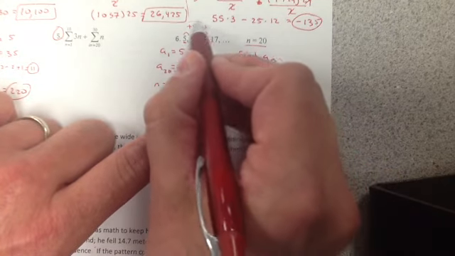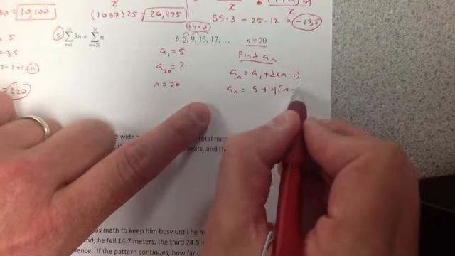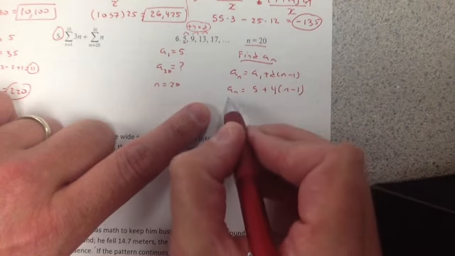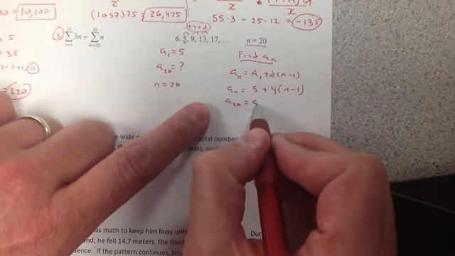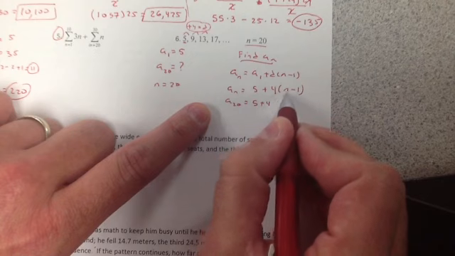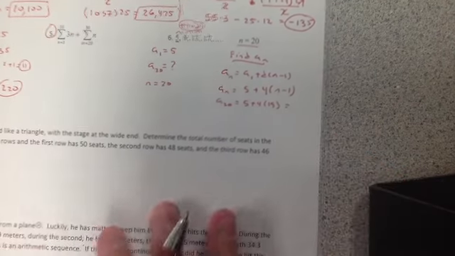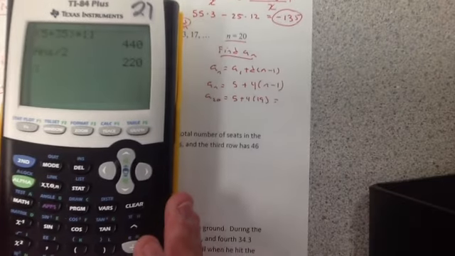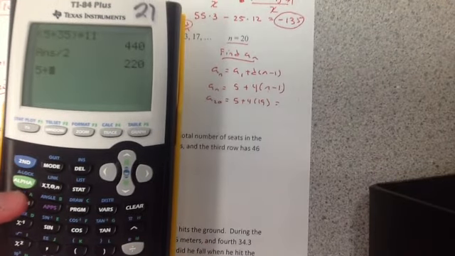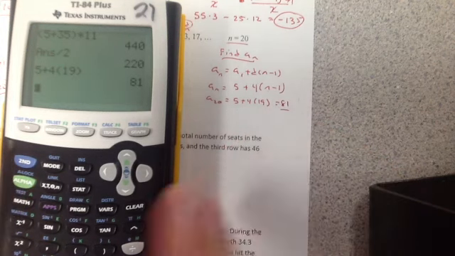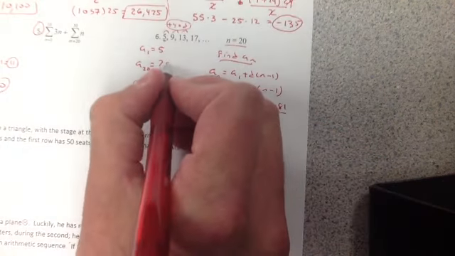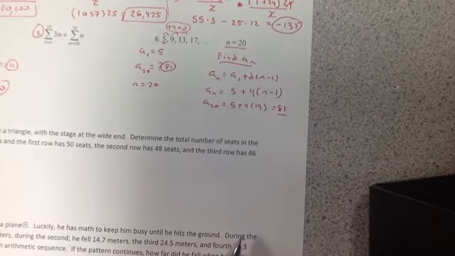Remember, what we keep adding is my common difference. So if I want to find the 20th term, it's 5 plus 4 times 20 minus 1, 19. Let's go take a look at our calculator again. It's 5 plus 4 times 19. We get 81. So my 20th term is 81.